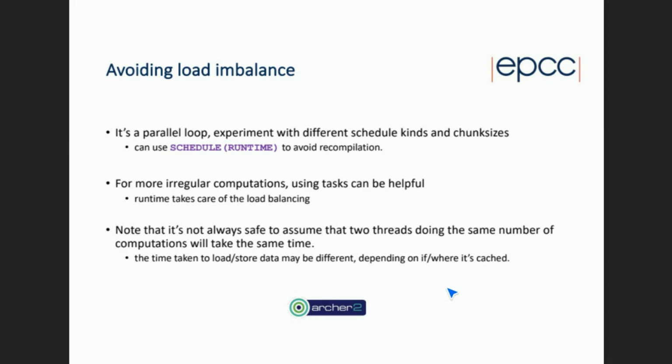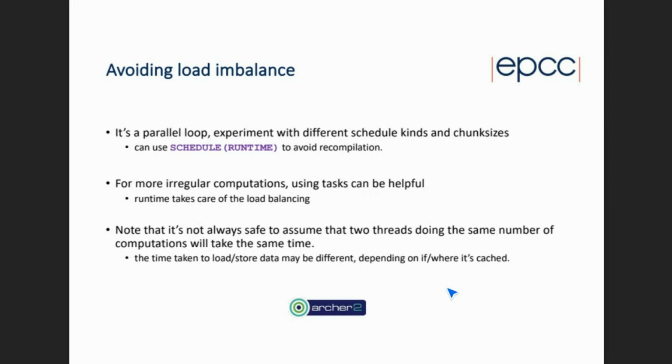Why not? It's because the time taken for different threads to load and store their data may be different depending on things like if or where that data is currently cached. So the state of the memory, the way the data is currently laid out or stored in the memory system, may affect the execution time.